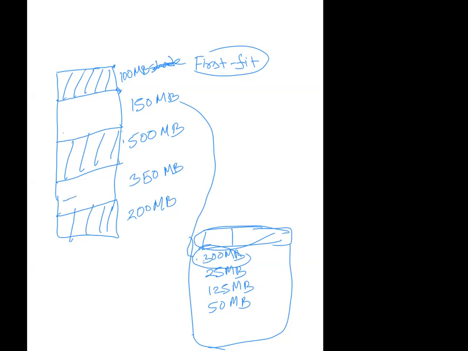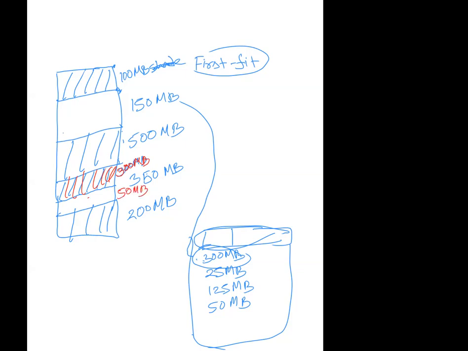So it just allocates the memory for 300 MB for this process. Then here we still have 50 MB left, because it was 350 MB.